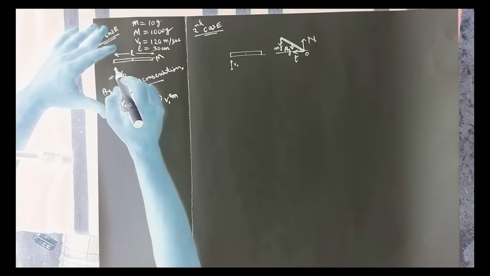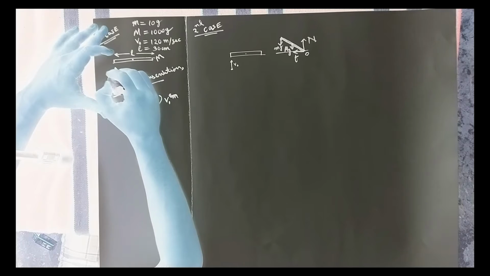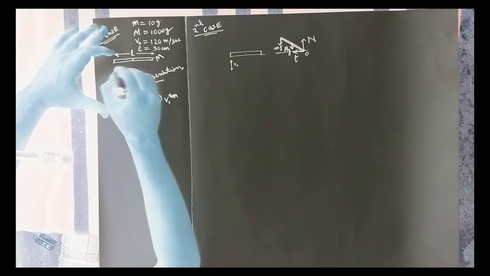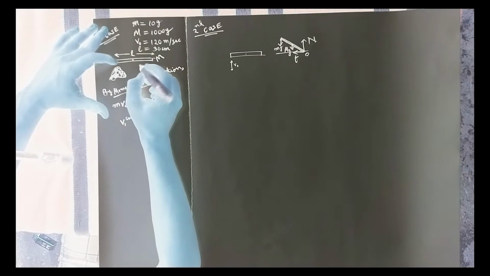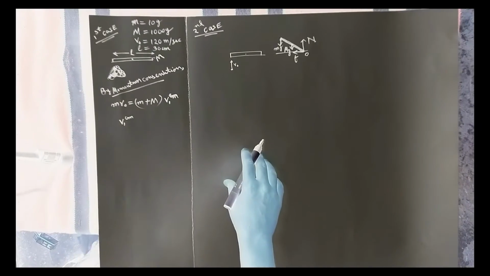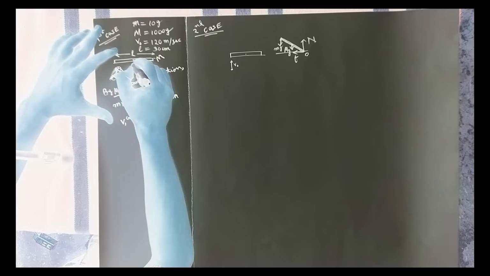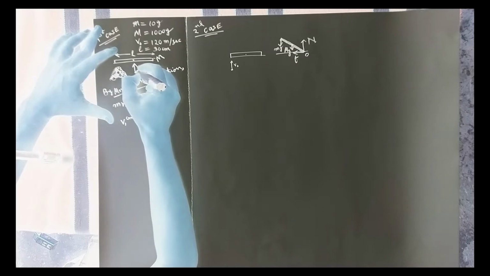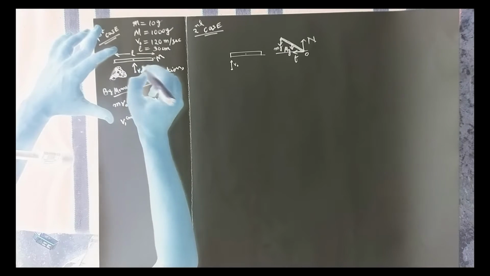Sorry. Here the bullet is hitting at the center of mass. In the first situation, the bullet is hitting at the center of mass. Sorry for the wrong writing. v naught, small m is the mass.